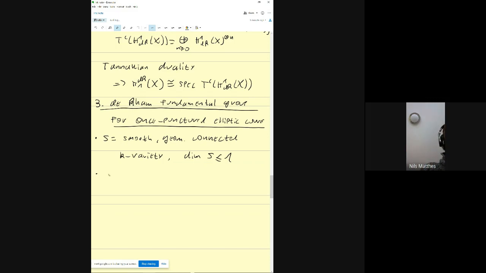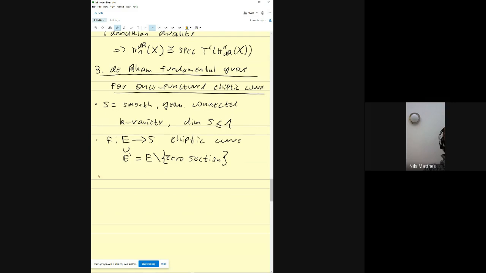And then f from E to S is going to be an elliptic curve. And inside of it, we have the open subscheme, which is obtained by removing from E the 0 section. So that's our once-punctured elliptic curve.